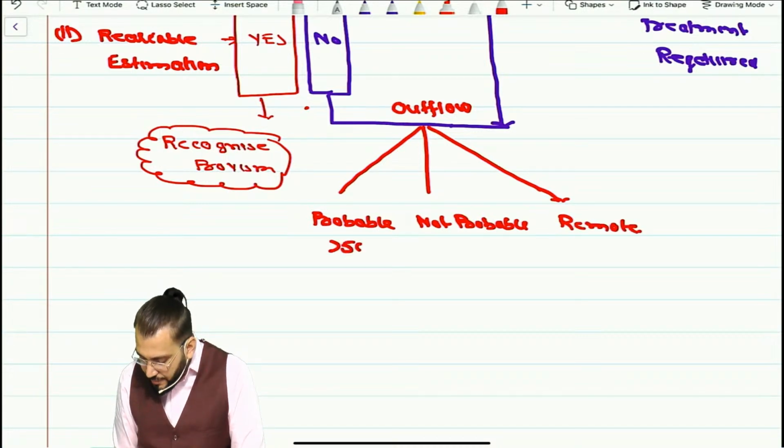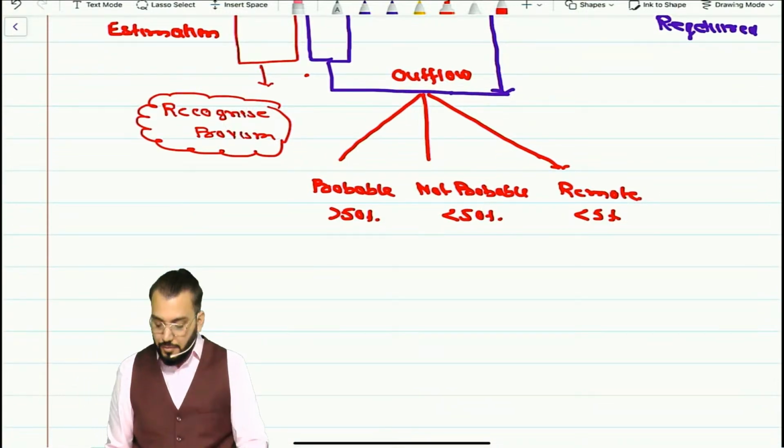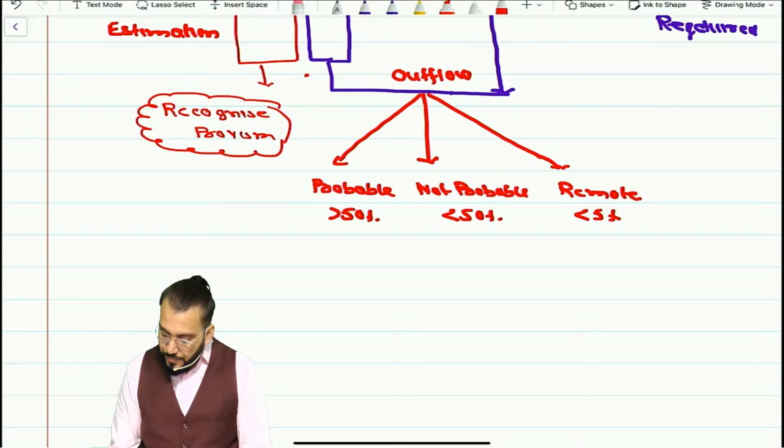Probable means more than 50%, not probable means less than that, remote means less than 5%. Have you understood this point?